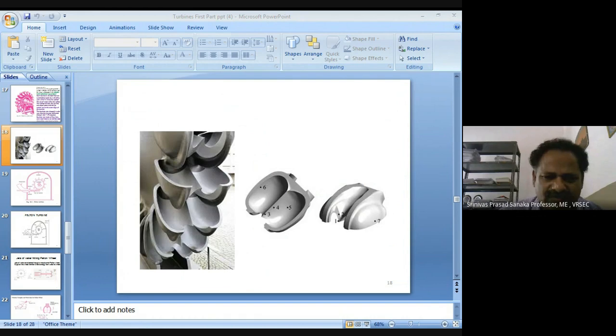One half will flow over one half of the bucket, and the other half of the jet flows over the other half. And if you look at the bucket of the wheel, here there is a small undercut. This undercut is to avoid the interference between the jet and the next coming blade.